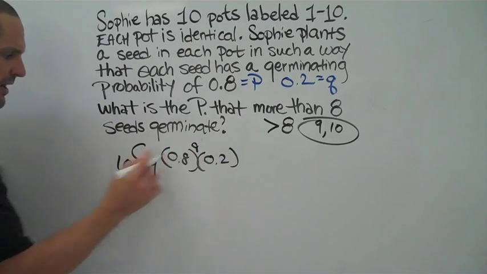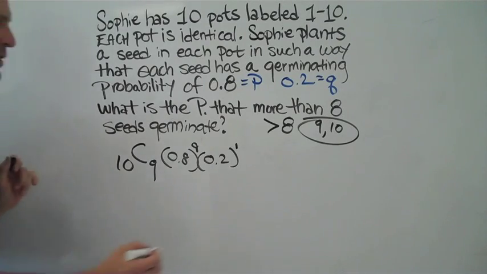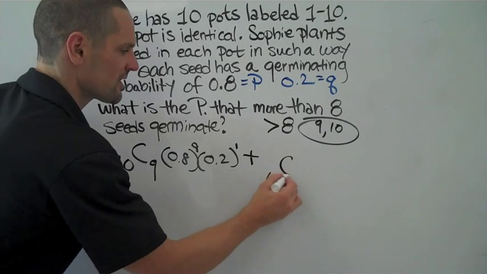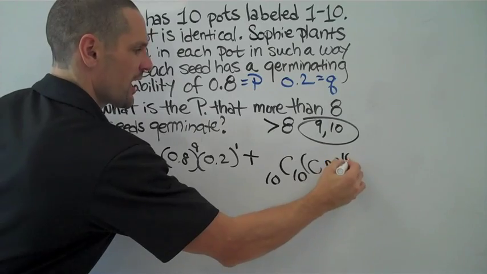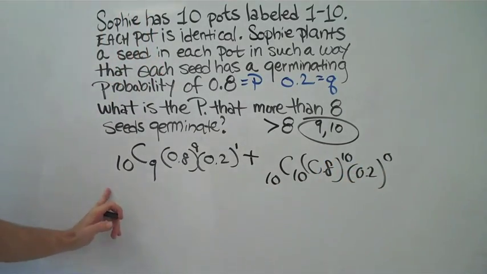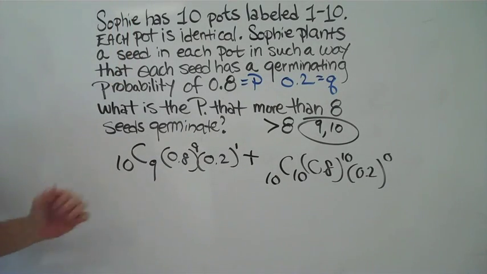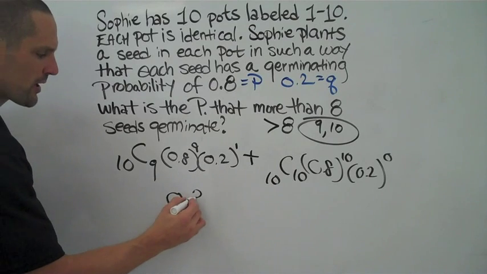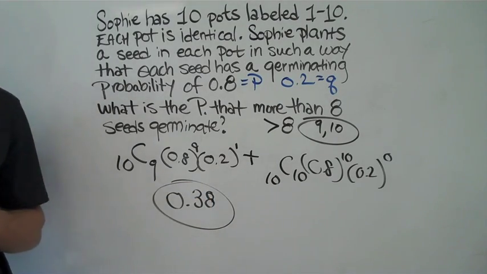Whatever goes there is there. 10 minus 9 is 1. That's the probability of getting exactly 9 to germinate, plus the probability of getting 10 to germinate is 10C10 of 0.8 to the 10, 0.2 to the 10 minus 10, which is 0. If I find out the probability of this and I add the probability of that using my math skills, I get about 0.38 or 38% chance of getting 9 or 10 of them to germinate.